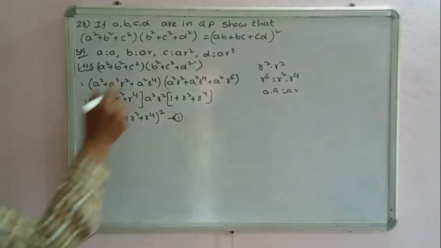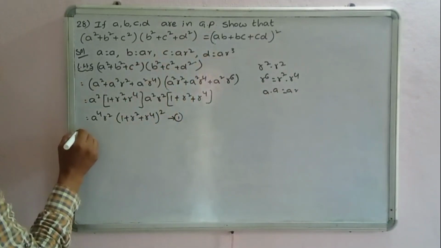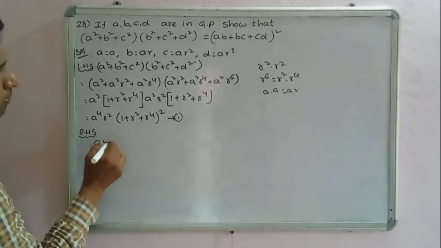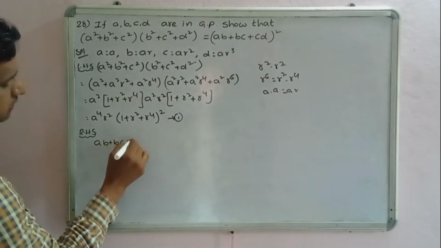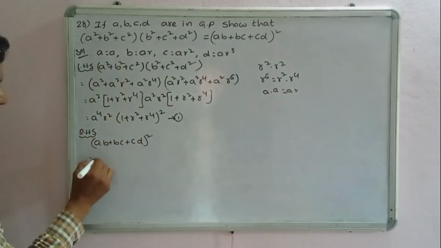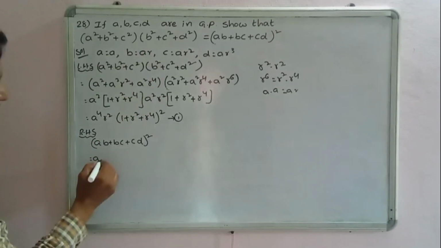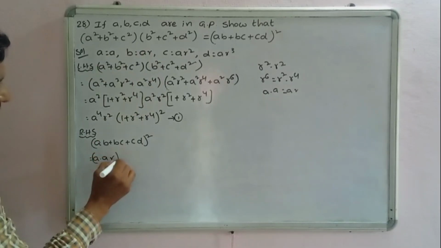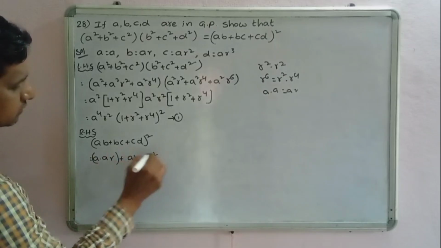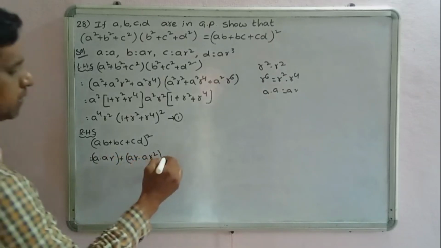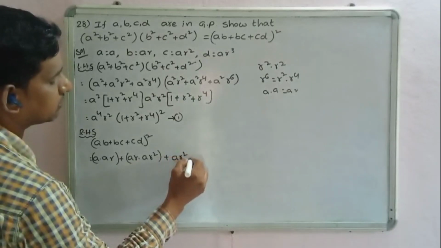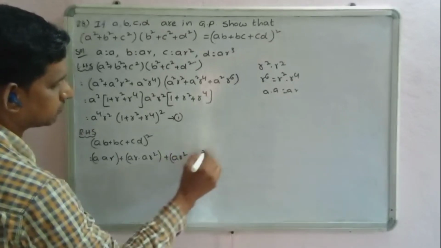Now see the RHS part. What is RHS? AB plus BC plus CD whole square. So the value of A is a. B value is ar. BC is ar into ar square. Okay. Plus CD, C value ar square into ar cube.